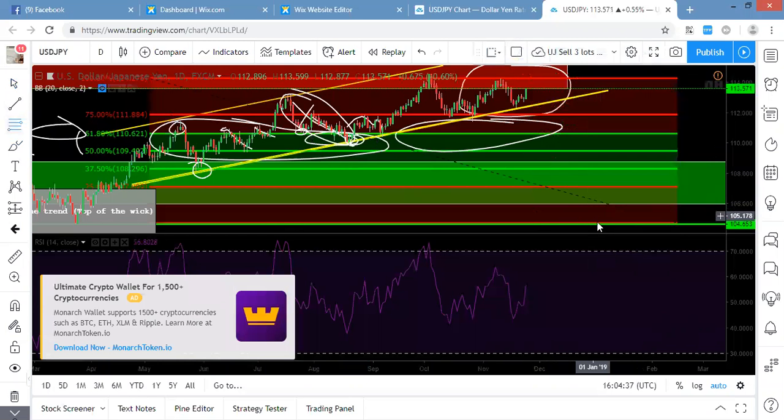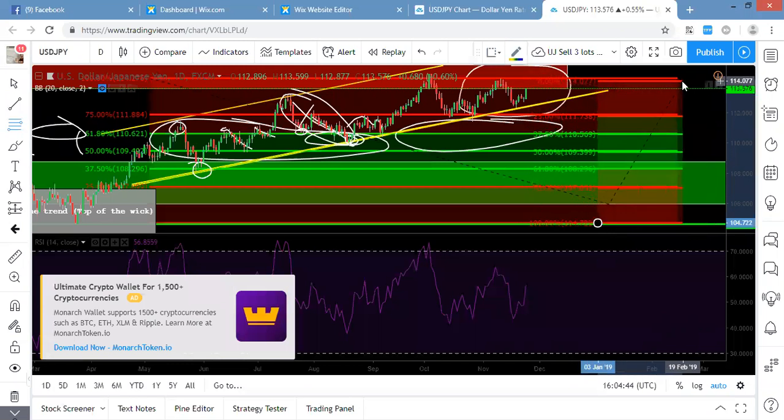So now I'm going to draw it from bottom to top, and we'll compare the two. So you can see how the 50 meets up with the 50, but the 61.8 drawing from bottom to top is meeting up with the 37.5. The 0 actually meets up with the 100 rather, right?